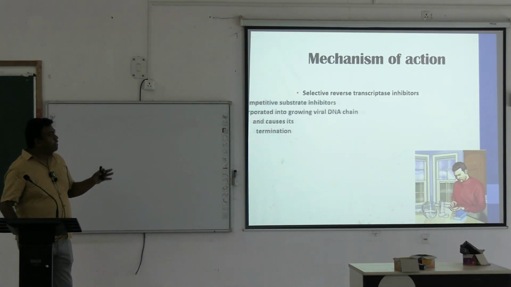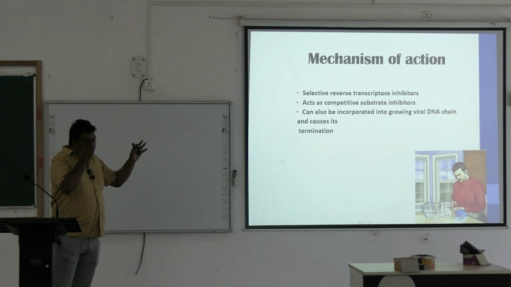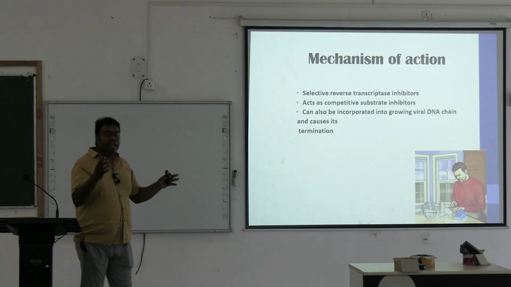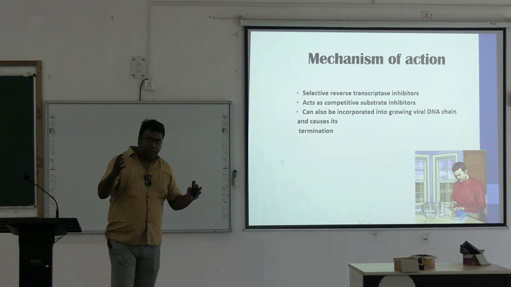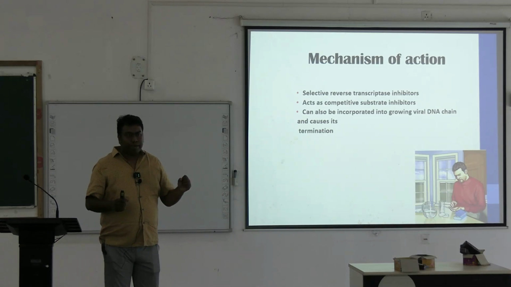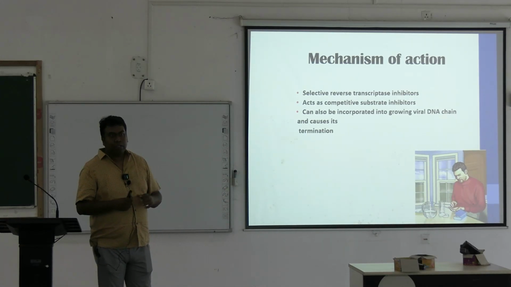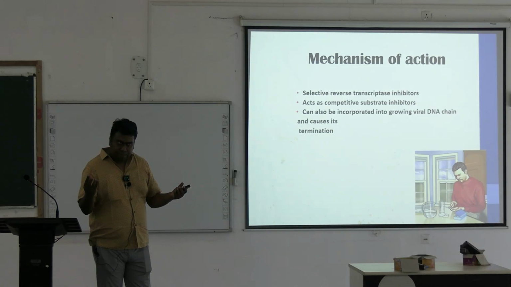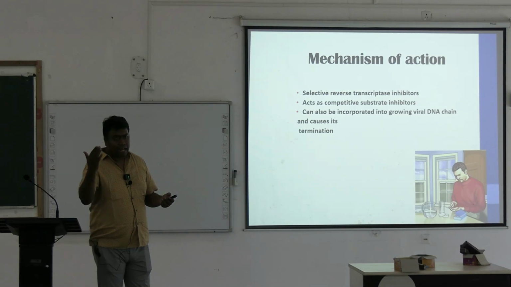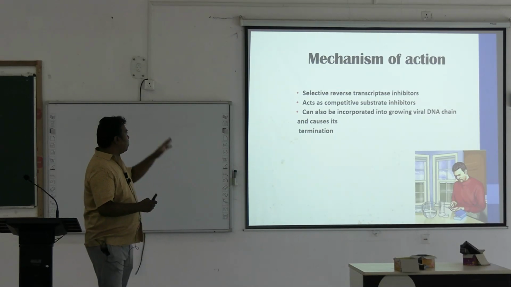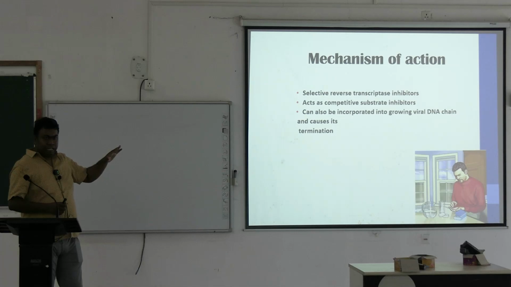Most of the time it is competitive antagonism. Competitive antagonism, what is that? And what is non-competitive? Competitive inhibitors are structurally similar, and with increasing dose we can overcome the inhibition and get higher effectivity. So it is a competitive inhibitor.